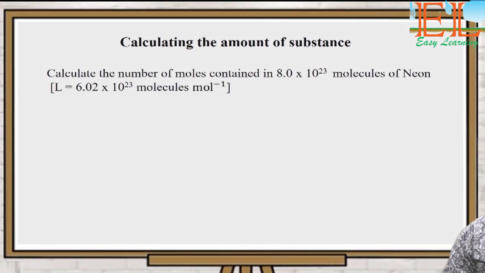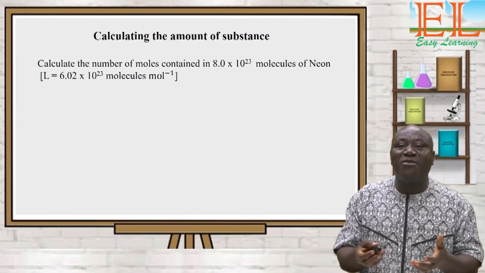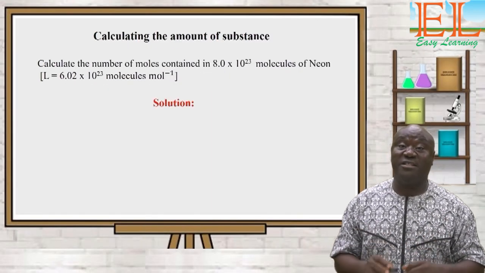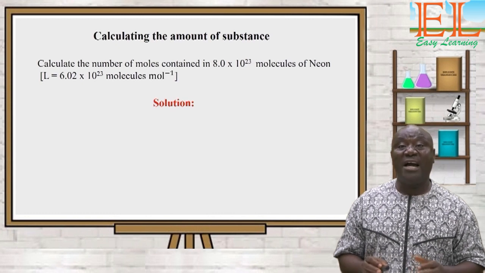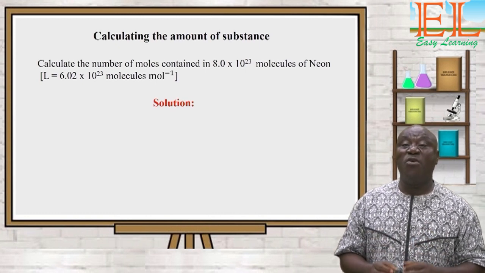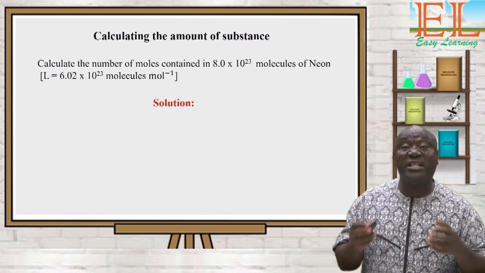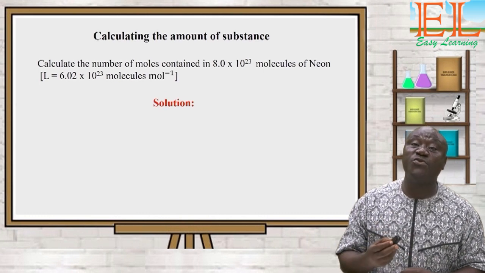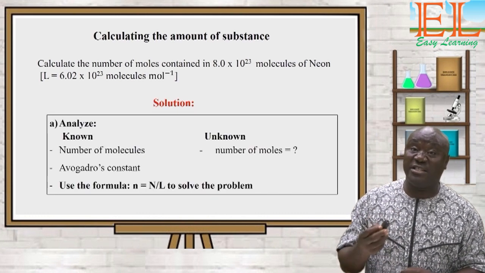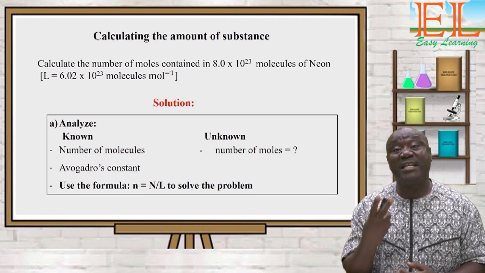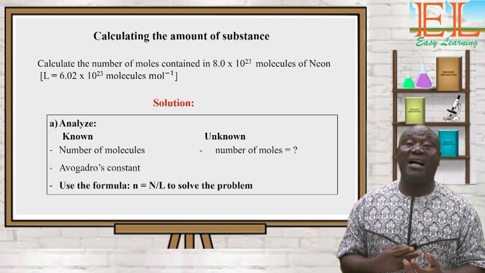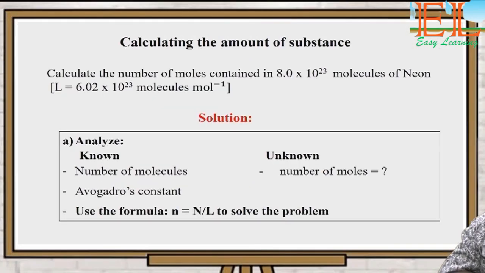Welcome back. Let us see how you should have solved this question. Now, in integrated science, when you are given a problem question, I will encourage you to use the problem-solving strategy. It involves 3 steps. These are analyzing the question, solving it, and evaluating your answer. How do we analyze the question?